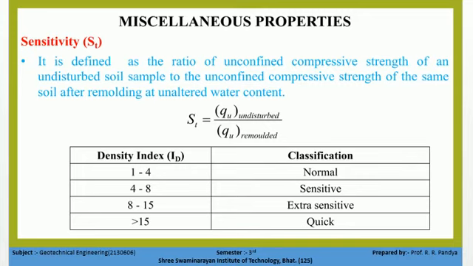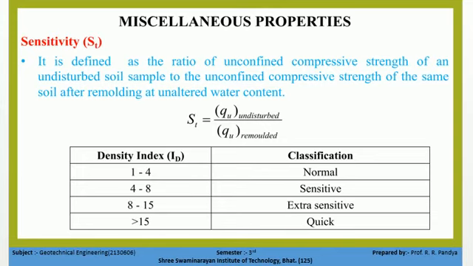Then we conduct a UCS test, and the value taken from this sample is derived here as Qu remolded.